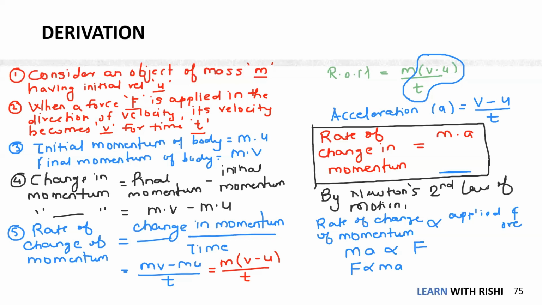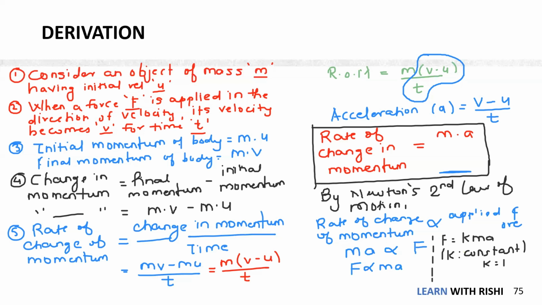So we can write F is equal to K into ma, where K is nothing but the constant of proportionality. Now the value of K is 1 here.